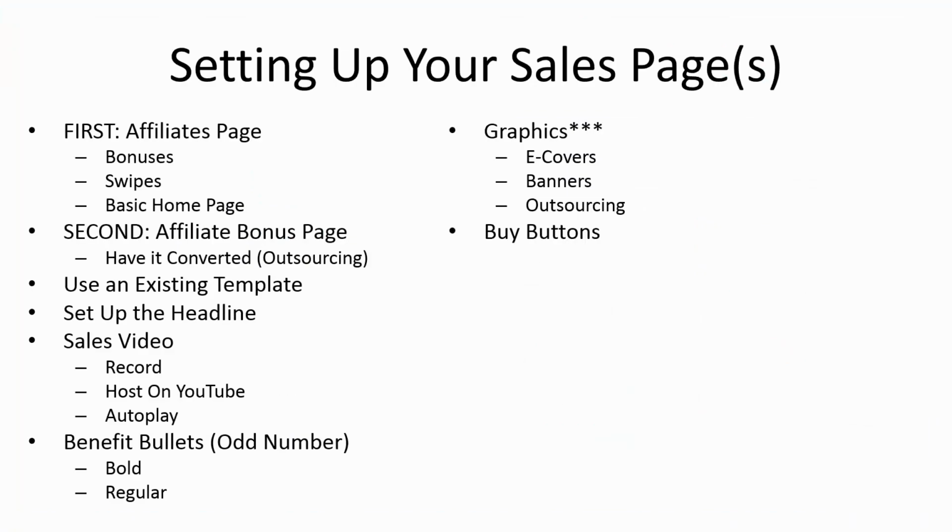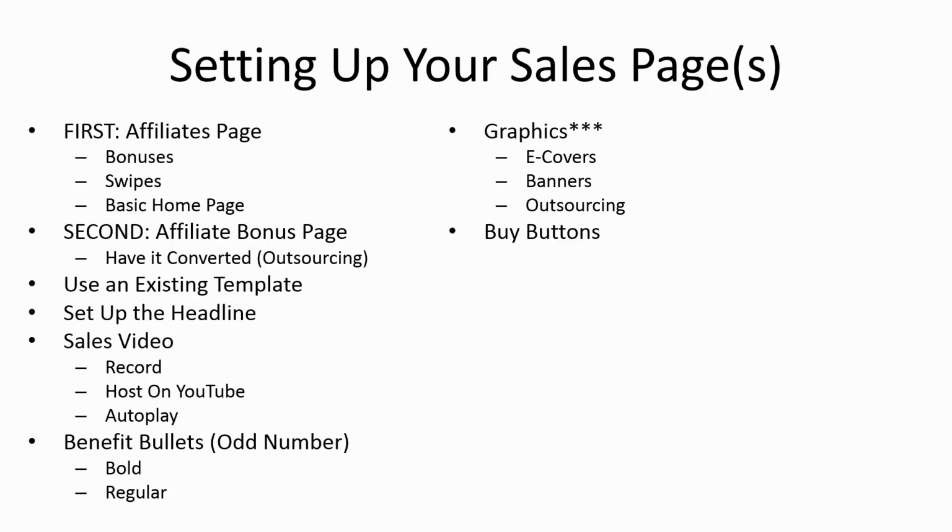Buy buttons. There are two ways to go with buy buttons. And one of the things that you want to be careful about with buy buttons is that when you're working with an affiliate network, they're going to give you buy buttons that you should use. And you want to use those buttons.